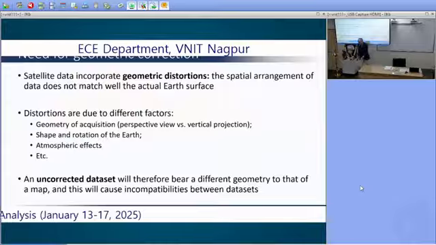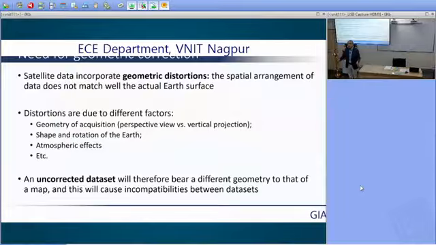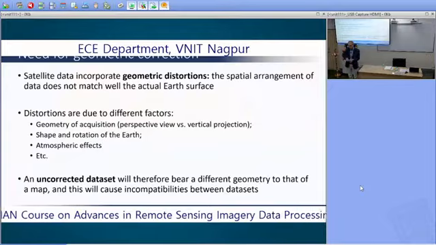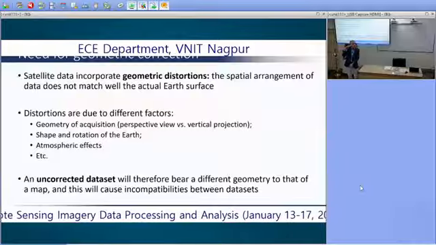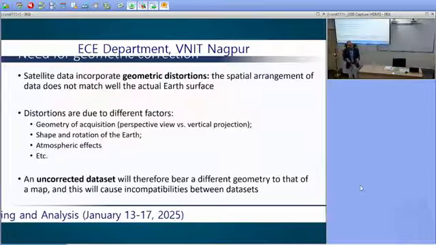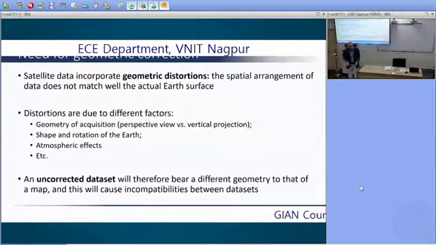Yesterday I mentioned that the swath of Sentinel is 300 kilometers. So you're not looking straight down. You're looking straight down at the center of the swath, and you're looking at an angle at the sides, so you're generating a perspective, which needs to be corrected.